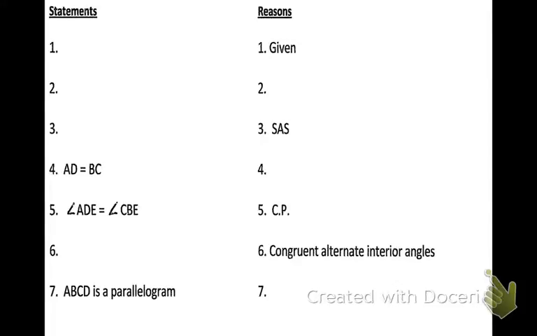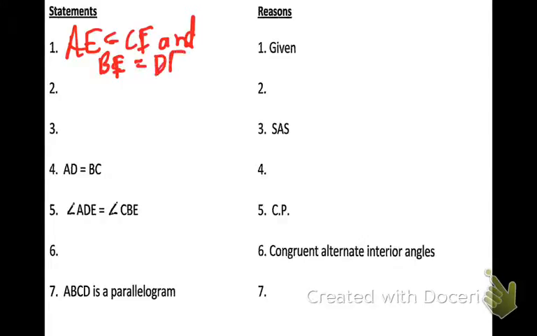So step one, what is given? Mia, what would be given? AE equals CE, and what else? BE equals DE. Very good.